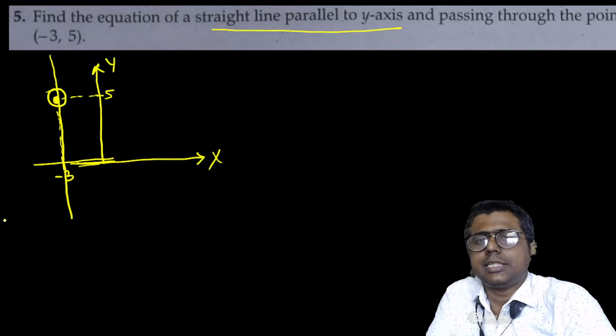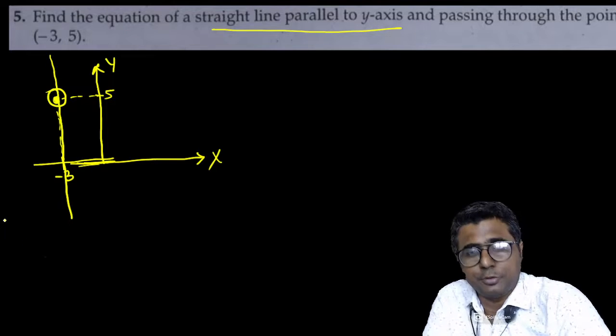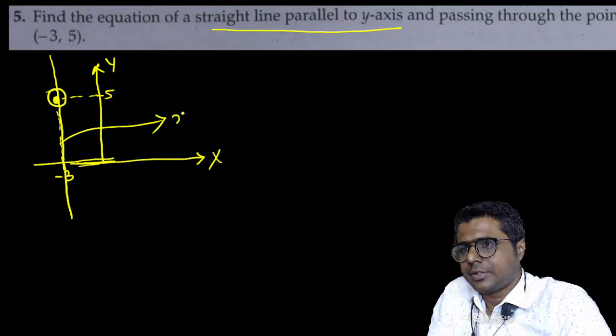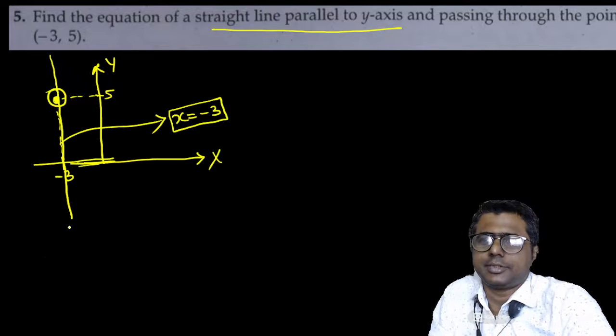Whenever there is a line parallel to the y-axis, we know very well that, as all the values of x are the same on this line, the equation of the line will be x is equal to minus 3.